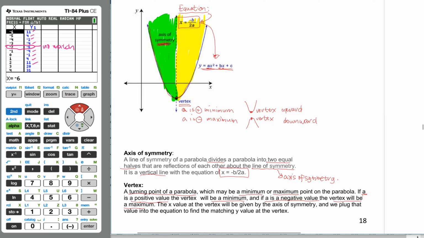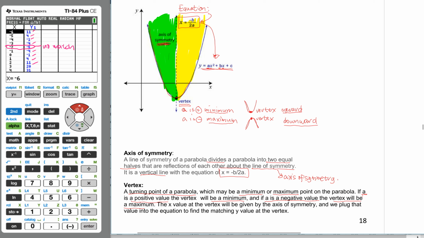So these are the two possible graphs that you can see when you are graphing a parabola. Sometimes it is opening upward, or sometimes it is downward. And it's very easy to identify, because when you trace, if you have the lowest point, you have the minimum. When you are on the top, that means you have the maximum.